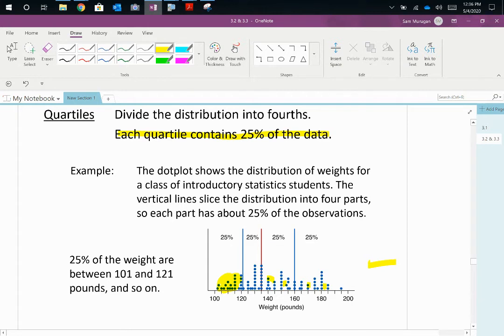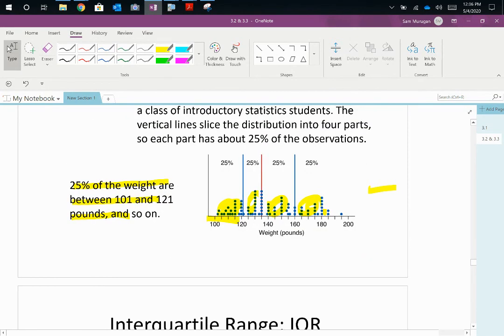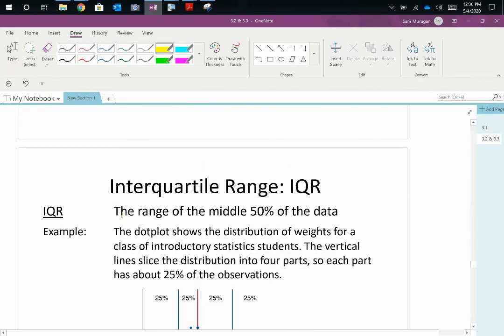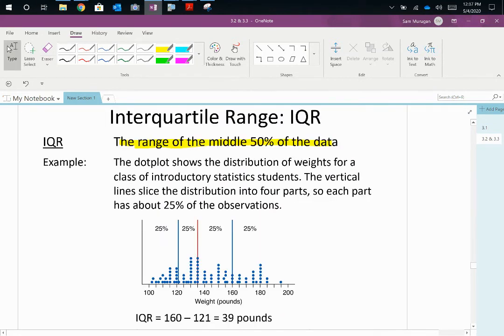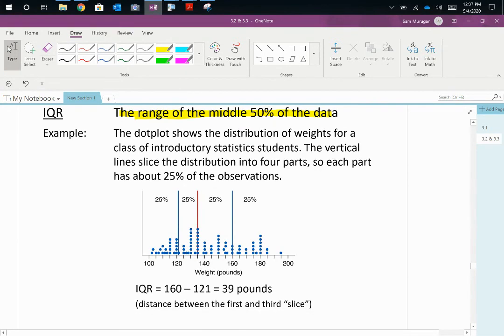So the dots in the first quartile are 25% of the number of dots, and so on for each quartile. What the interquartile range tells us is the range of the middle 50% of the data, which is between 160 and 121, or 39 pounds.